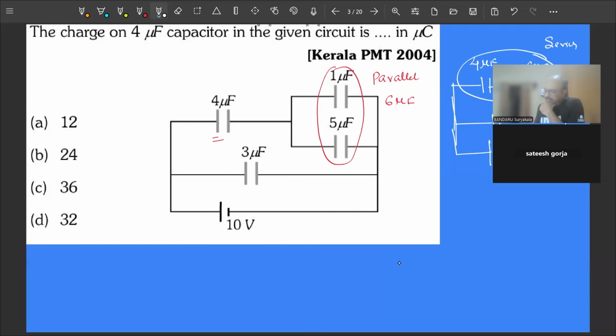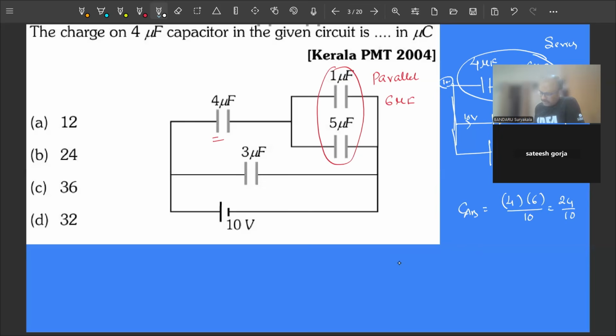When this combination is connected in parallel, here 10 volts is there, here also 10 volts is there. We have to find the charge on the 4 microfarad, that is, in this branch. If you take the charge here as Q1, here as Q2, Q1 is common. The equivalent capacitance in the branch is 4 into 6 by 4 plus 6, so it becomes 24 by 10.